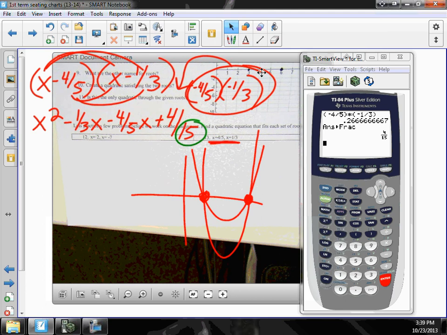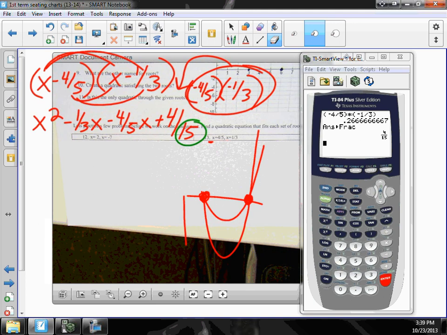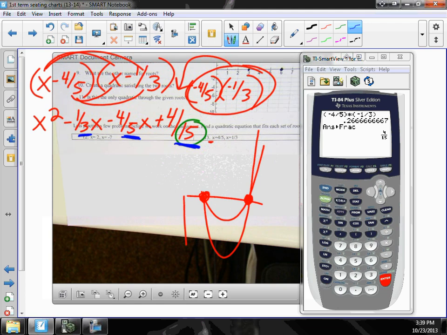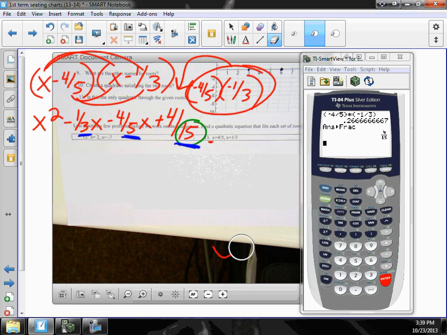And it will always be that last number. It will always be the multiplication of the other two denominators. So this one's a 3 and that one's a 5. This denominator is 3 times 5. And sometimes the fractions might simplify, which isn't a big deal. If they do, it won't really matter.